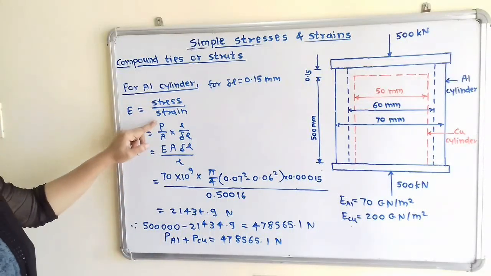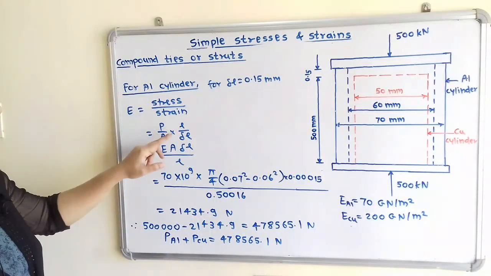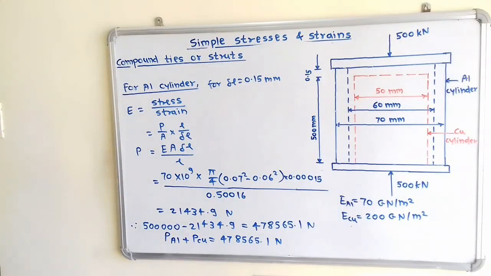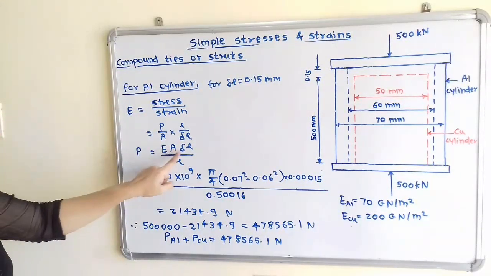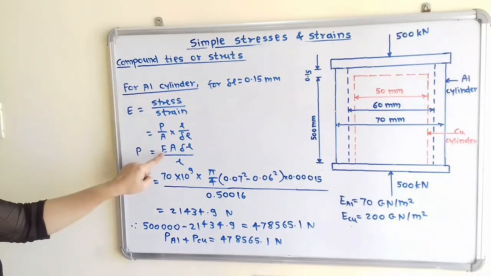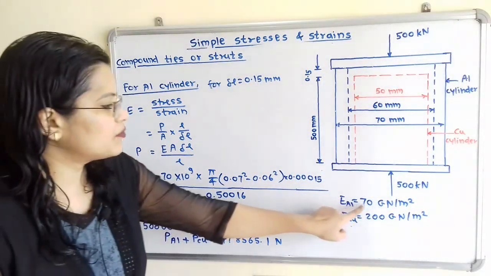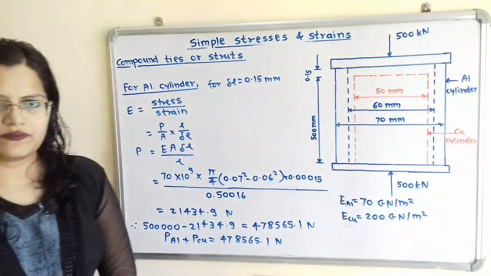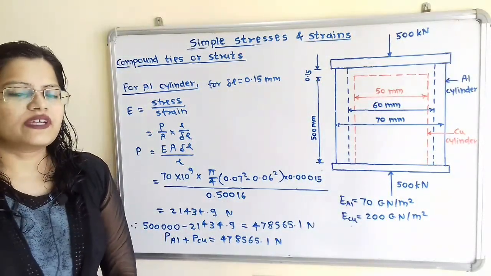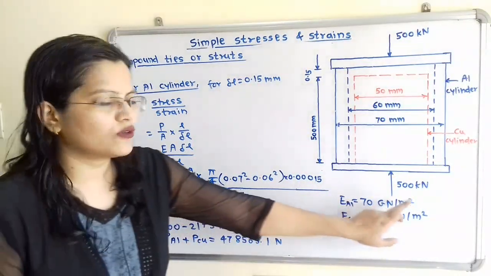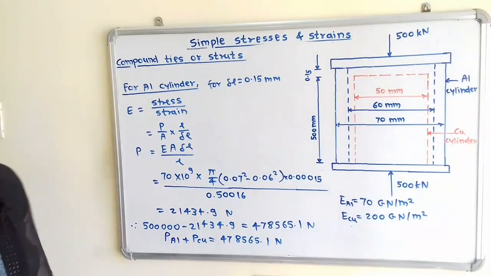Stress is P divided by A, and strain is delta L by L. So this is the simplified formula: P is equal to EA delta L by L. Now for the aluminum cylinder, we take E for aluminum as 70 giganewton per meter square, and we convert it into the standard unit, 70 into 10 raised to 9 newton per meter square.